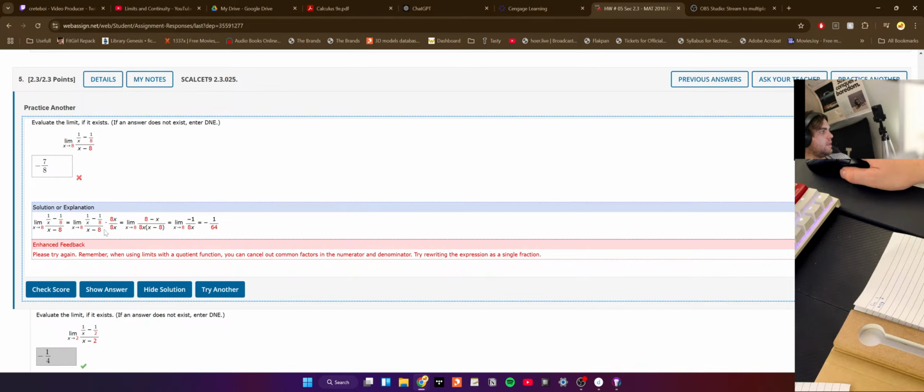And then when you multiply the bottom, I thought you get 8x, because I thought this would become x squared minus 64. But here I guess we factored out 8 minus x.